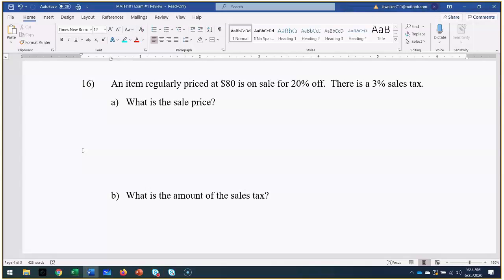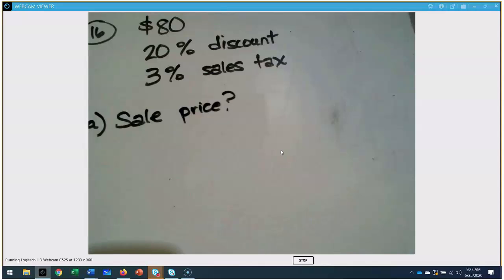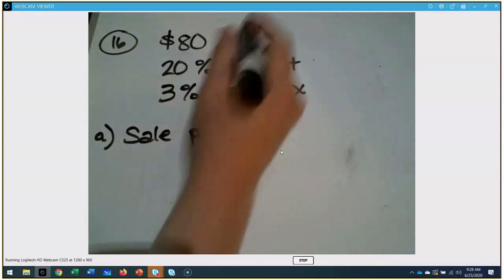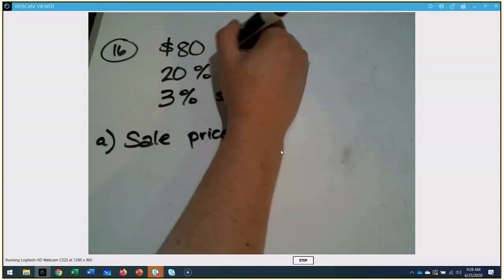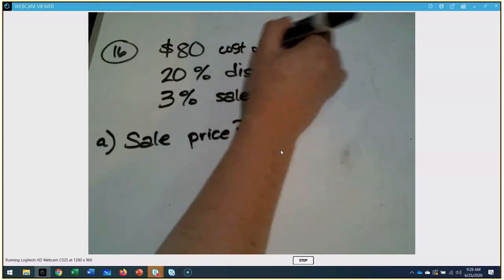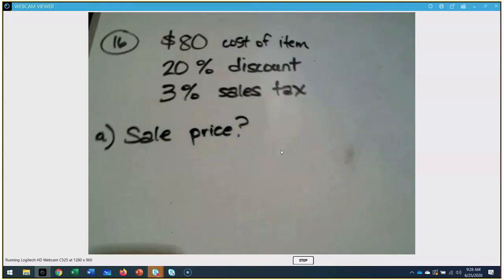Price for part A. Okay, so here we go. I'm just labeling everything so I can keep track of what I'm doing here.